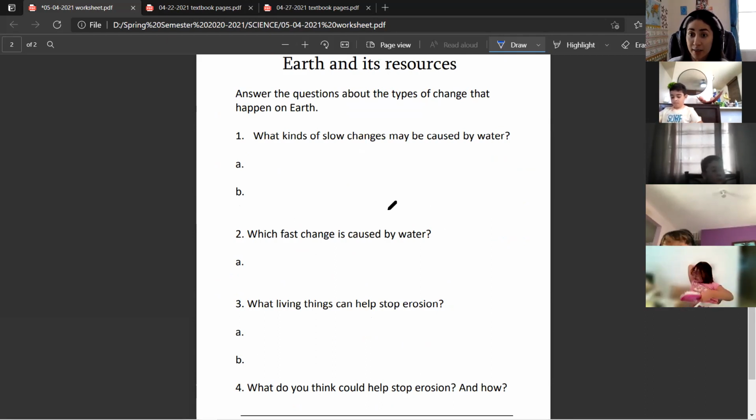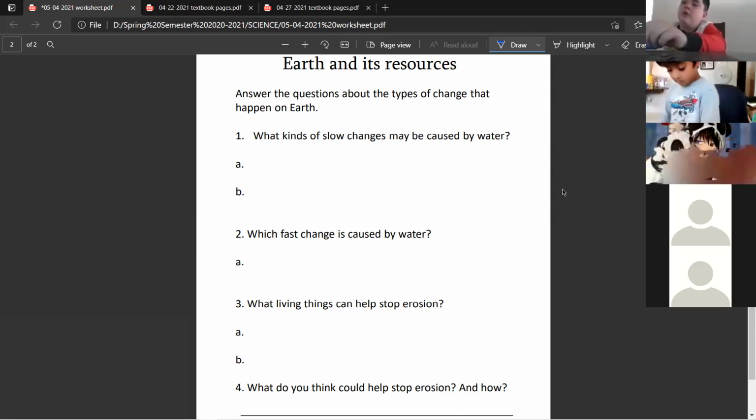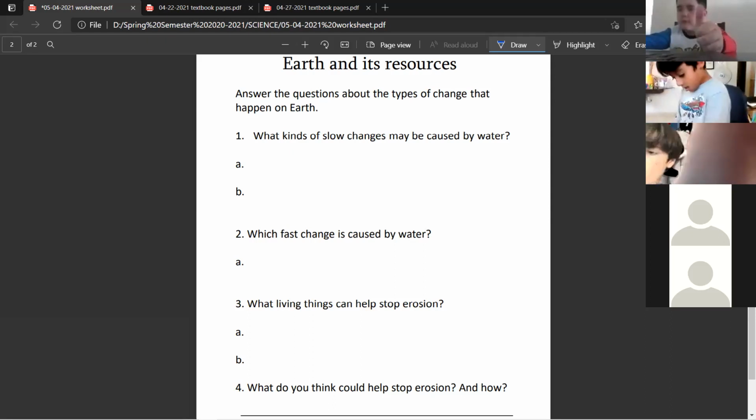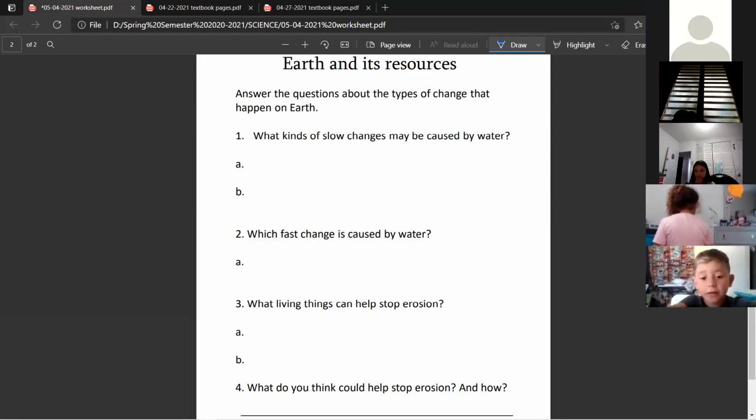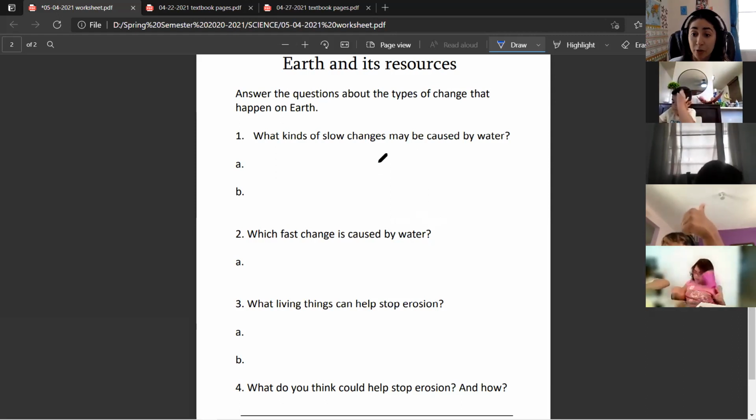I'm gonna discuss this page and then I'm gonna go back to the first one, okay? Did everybody finish the first page? Okay, that's fine. So I'm gonna discuss the second page. Dwayne, when we're done discussing the second page, I'll go back to the first one. So do the second page with us.